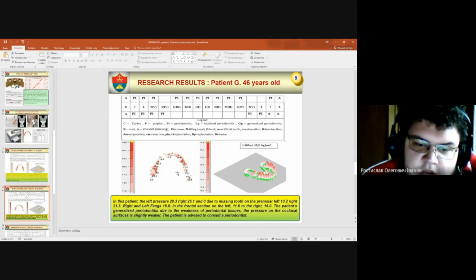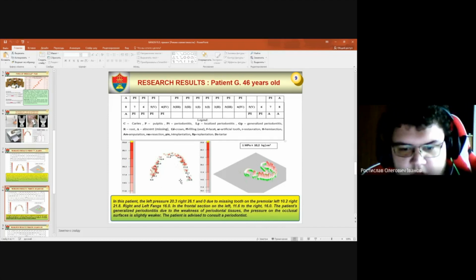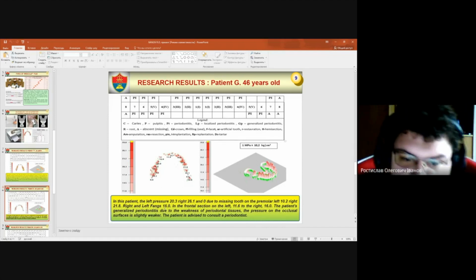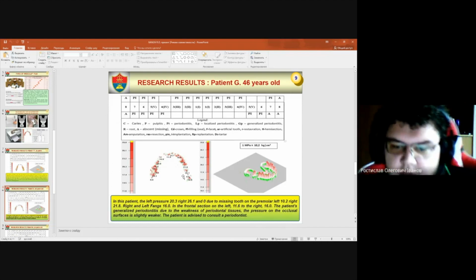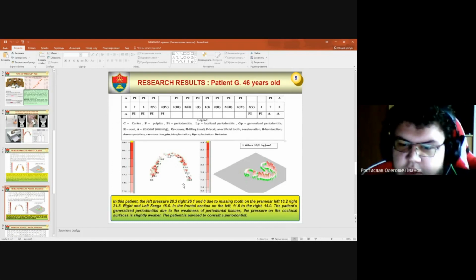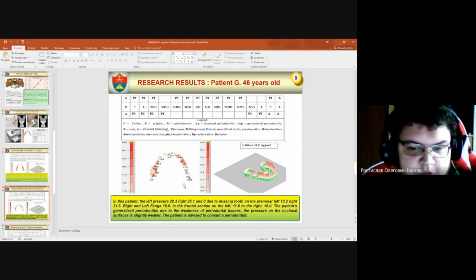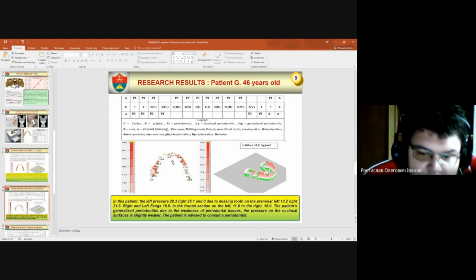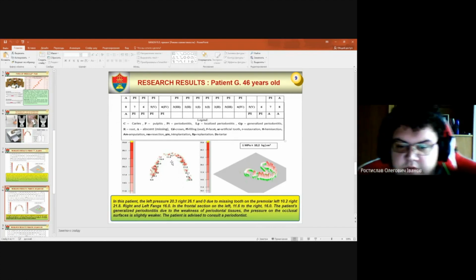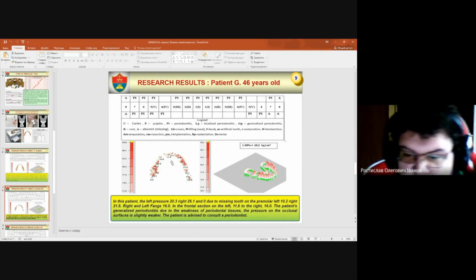Also, the right and left fangs or canines are 16.0, as you can see here. In the frontal section on the left is 11.6, and to the right is 16.0. The patient has generalized periodontitis due to the weakness of periodontal tissues. The pressure on the occlusal surfaces is slightly weaker, and the patient is advised to consult with the periodontist.